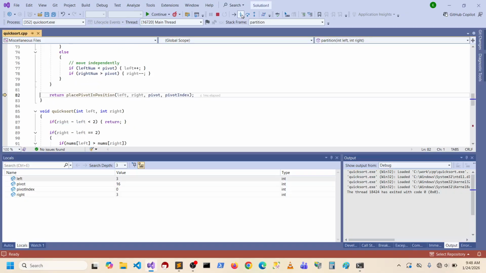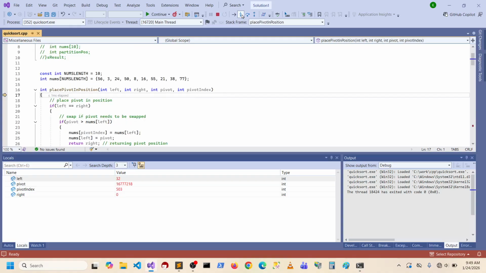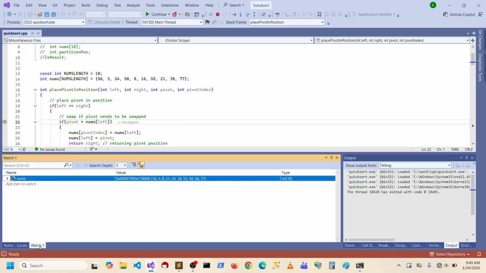Left and right are even. Pivot is 16. So that means it won't swap here.